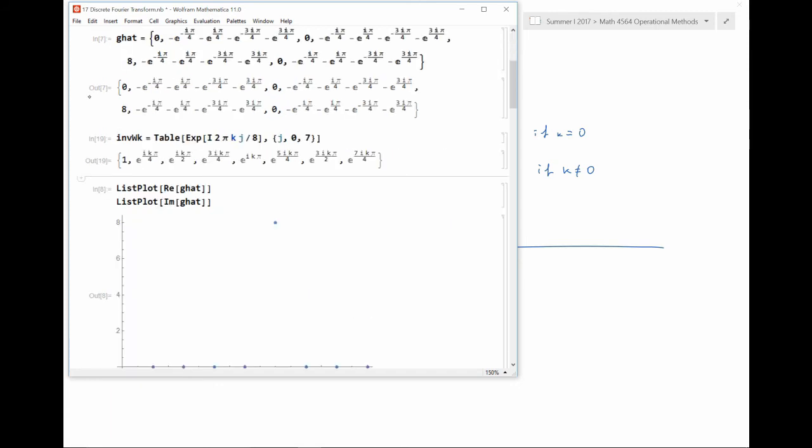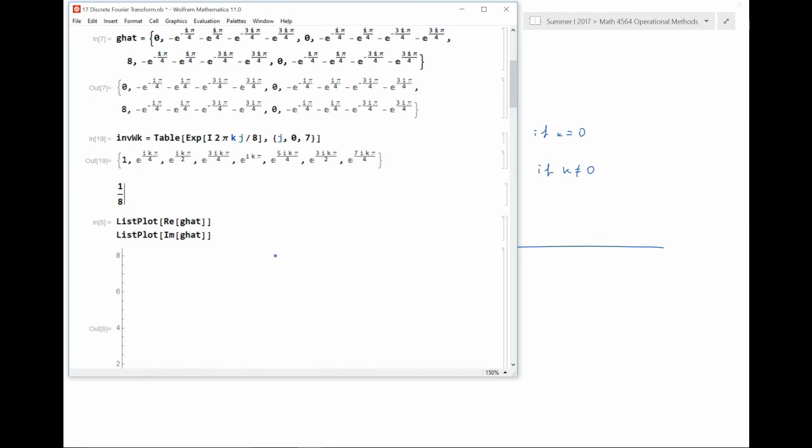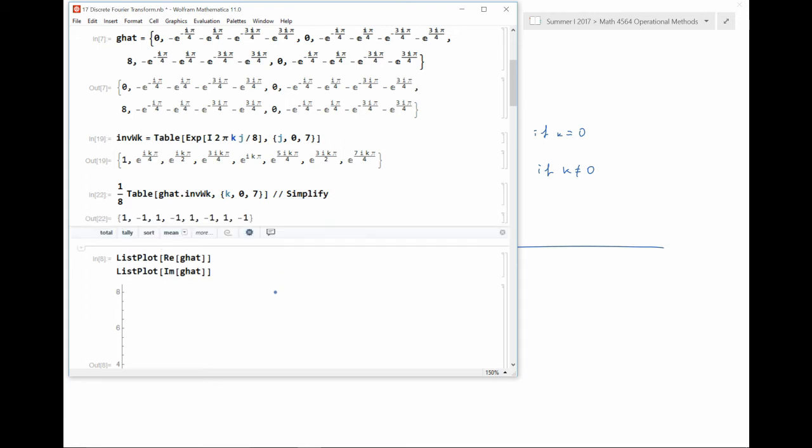So in order to compute the inverse, I would have to take 1 over 8 and compute the inner product of g hat with the inverse of W_k. I would need to tabulate it for k going from 0 to 7. And I know I'm going to get some difficult results with the exponentials, so I'm going to ask Mathematica to simplify it before presenting me with the mass of complex exponentials. And I have my signal back in its original form.